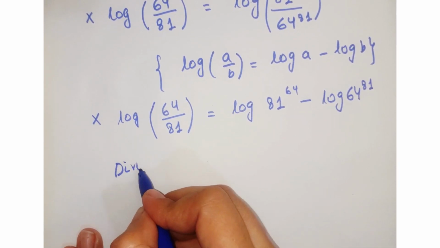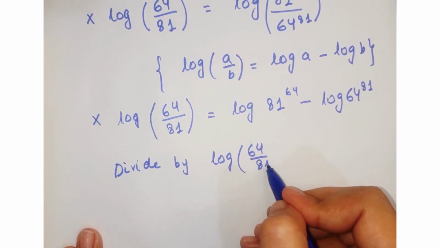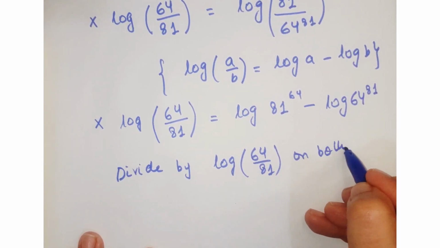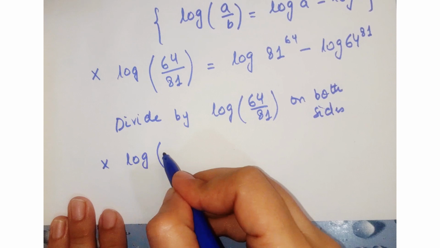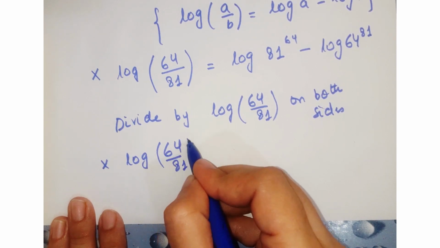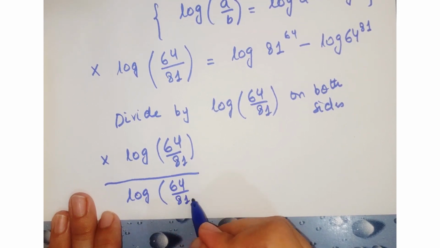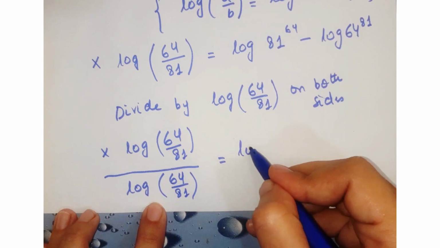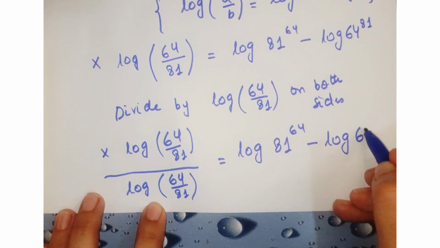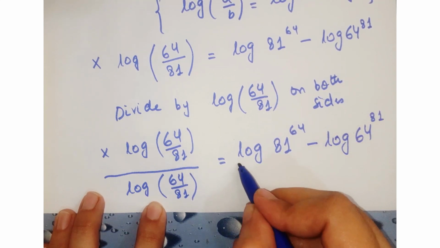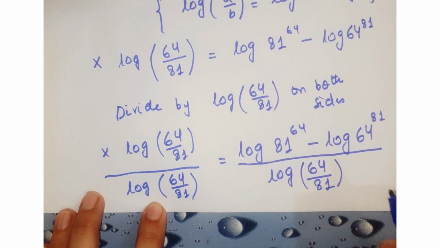Now we are going to divide by log of 64 upon 81 on both sides. So we get here x log of 64 upon 81 upon log of 64 upon 81 is equal to log of 81 to the power 64 minus log of 64 to the power 81 upon log of 64 to the power 81.